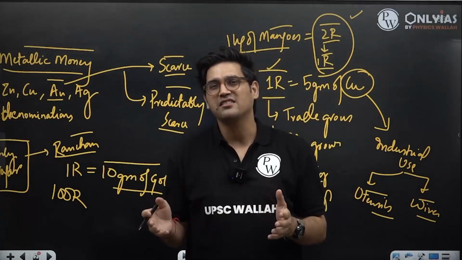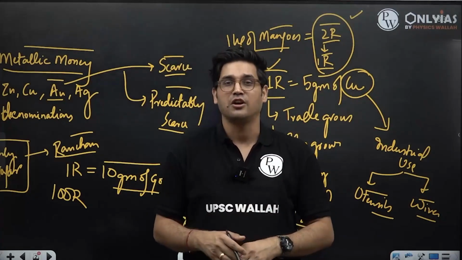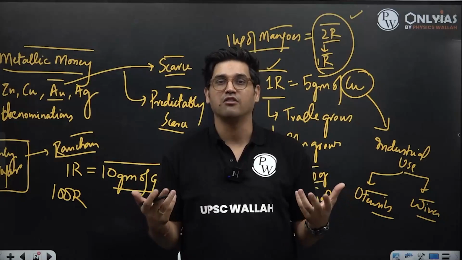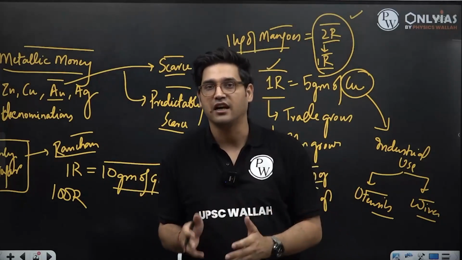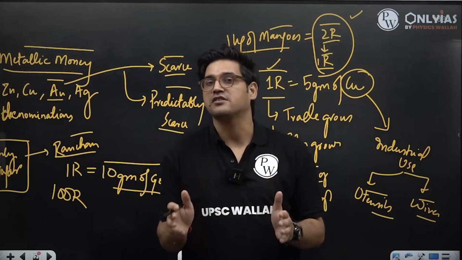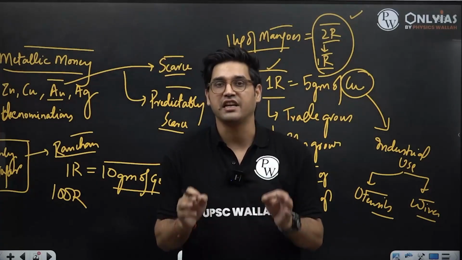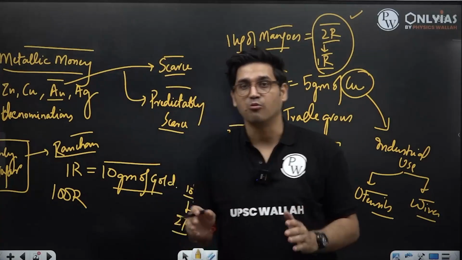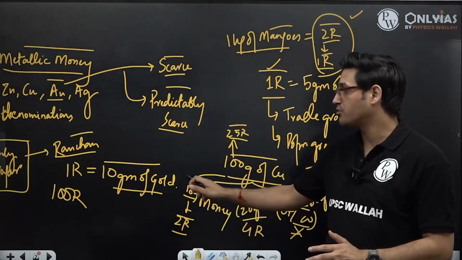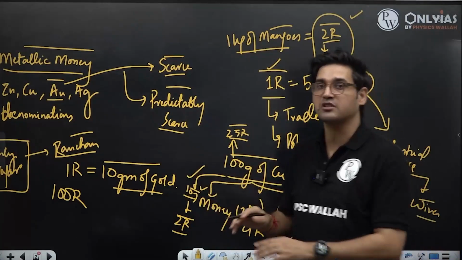But that is the case in only a few economies. Not every economy in the world values gold as much for ornament purposes as India does. Normally, the industrial uses of gold are very, very limited, in fact, next to nothing. Which is why most of the gold which is available is going to be used only for money purposes alone.